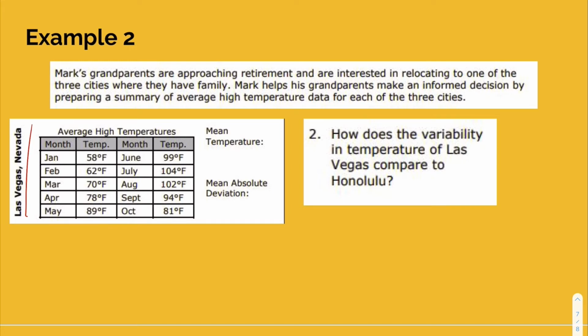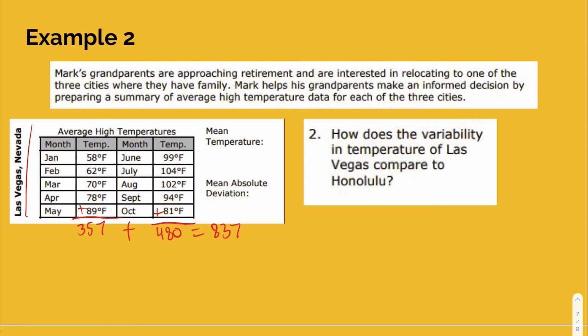I'm going to take the list that they gave me, put a plus sign, and use my calculator to add all of these numbers up. On the left side, I got 357. I have 480, and we need to add both of these numbers together, which is the same thing as adding all 10 numbers at once. 837 is the total sum of all of these temperatures.